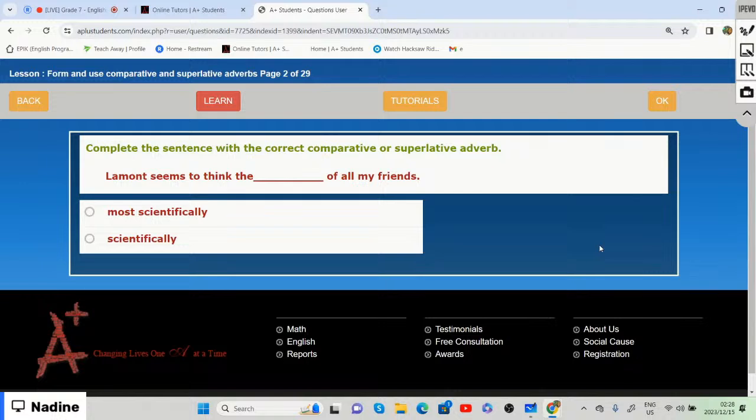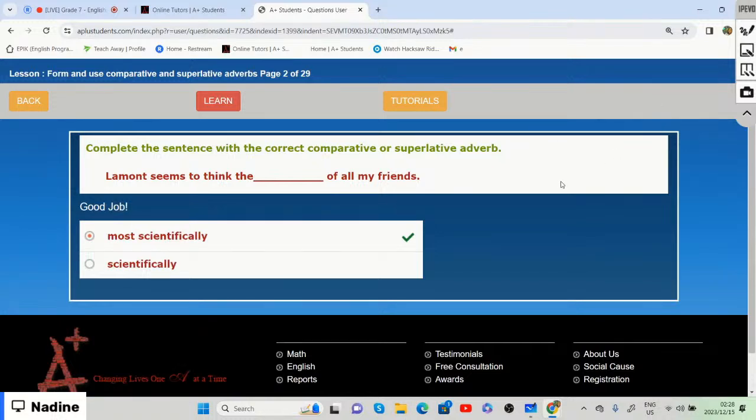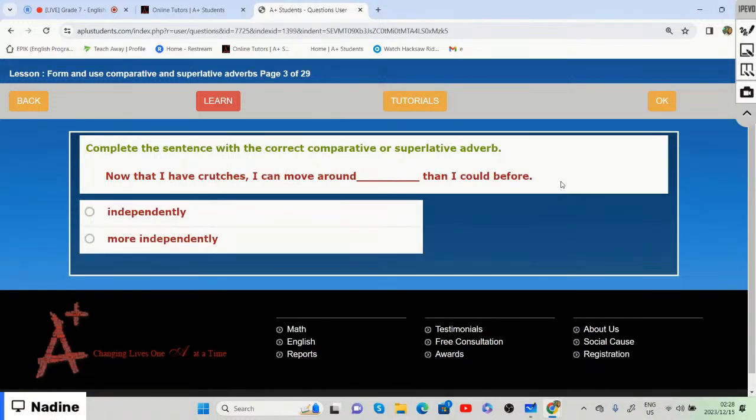If we compare Lamont to all of his friends, it means it's a superlative adverb, which means that we are going to add most. So Lamont seems to think the most scientifically of all his friends. So most scientifically is correct. Well done.